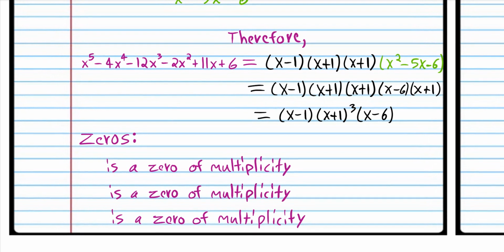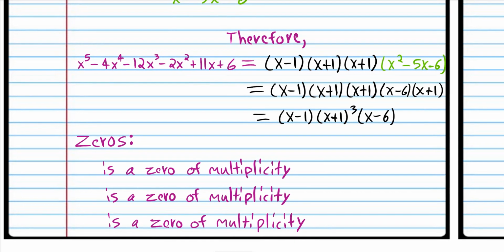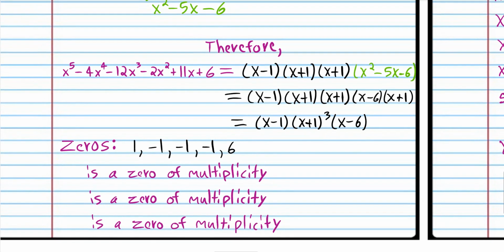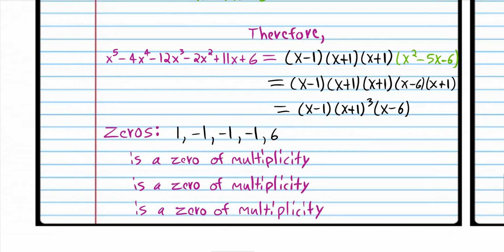So that's why we call those zeros. So the zeros are 1, -1, and 6. But because we have a repeating 0, we'll just repeat that 3 times. So again, we have a total of 5 zeros, but one of them repeats 3 times.